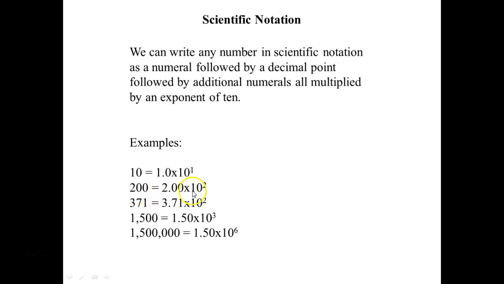Each one of these is 10 to the second power. And this is how we write each one of these in exponential or scientific notation. So the important thing is a single whole number and then decimals. And usually 2 decimals, although this one just has 1. I don't know why.